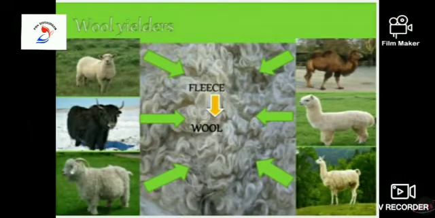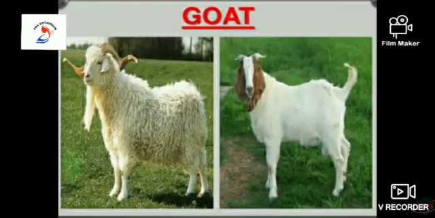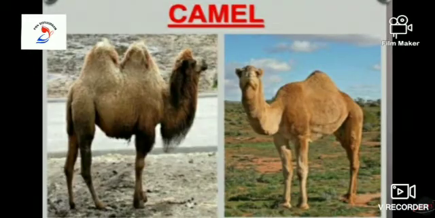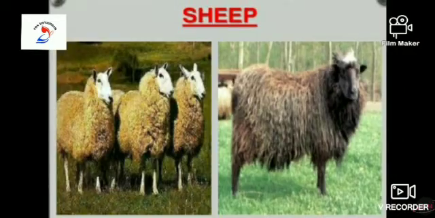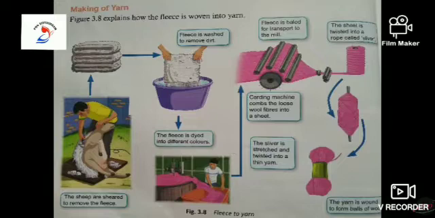Alpaca and llama belong to the camel family. They are found in South America. Their undercoat hair is very soft and lustrous, and the fibers are lightweight. The Kashmiri goat is found in the high plateaus of Asia. The Kashmiri fiber is very soft and warm.